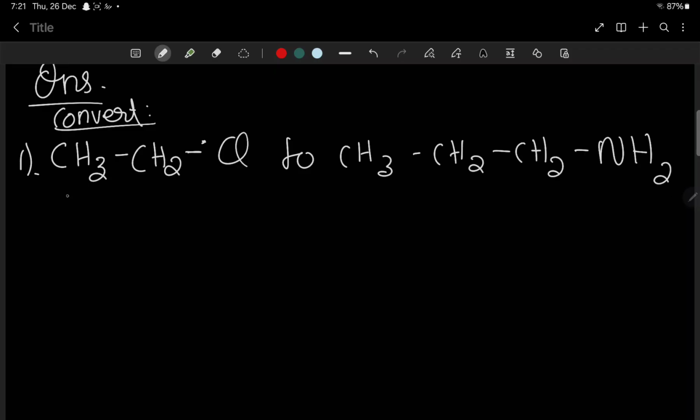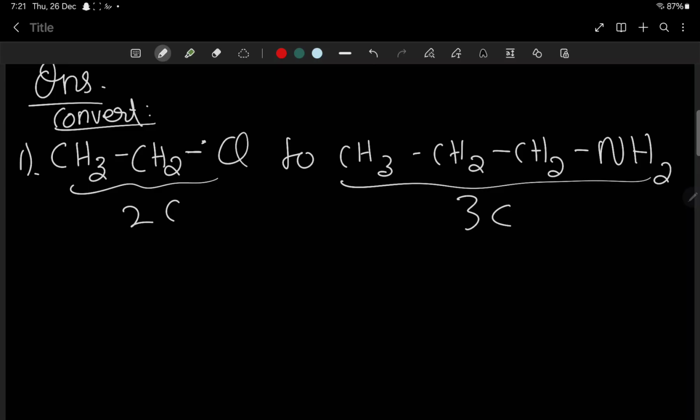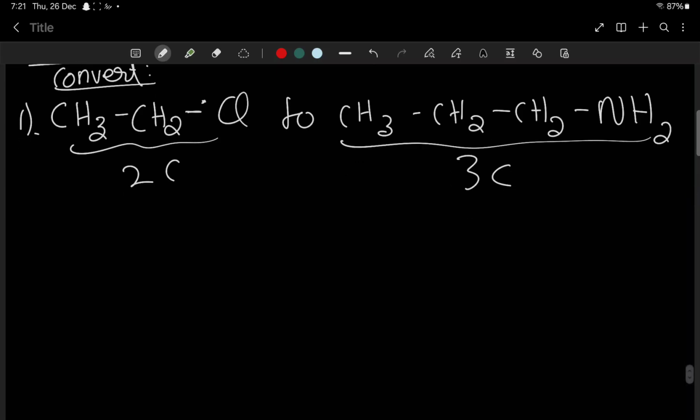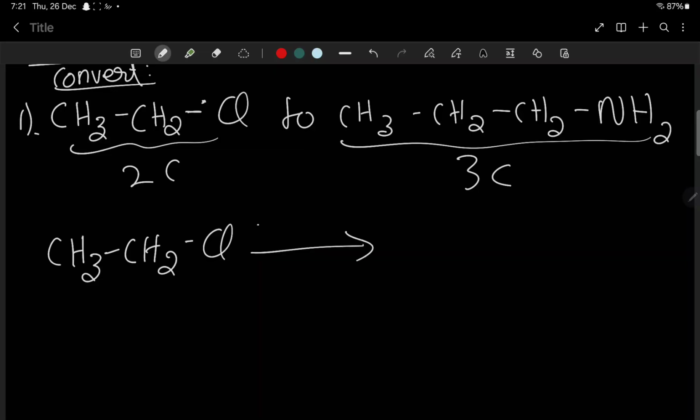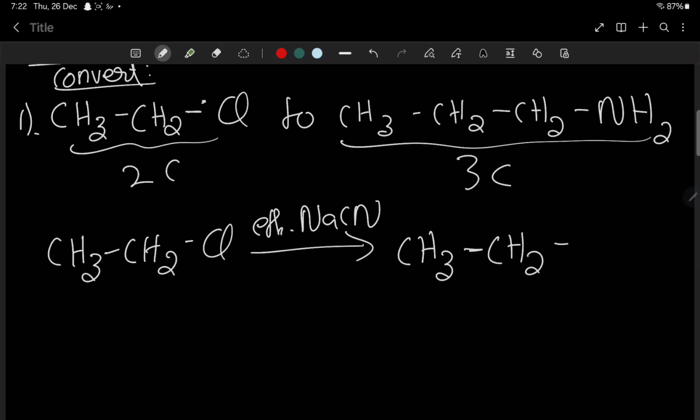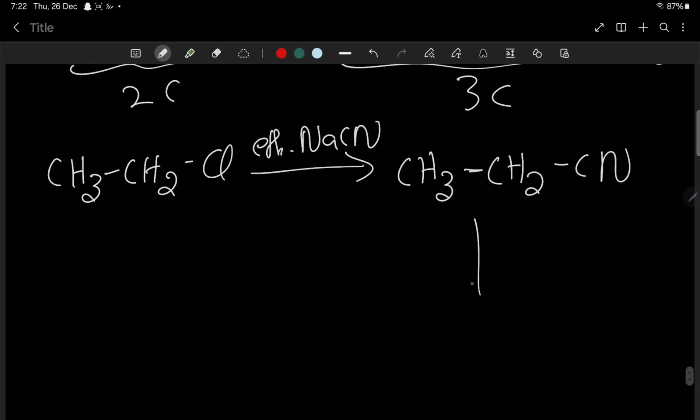Look here, this has 2 carbons, and here this has got 3 carbons. So something related with cyanide is happening here, because 1 carbon more, so cyanide. First of all, convert this compound to cyanide by adding ethanolic KCN. You know that if you add NaCN or KCN to the compound, there will be nucleophilic substitution, and this becomes CN. Now into this, what should we add?